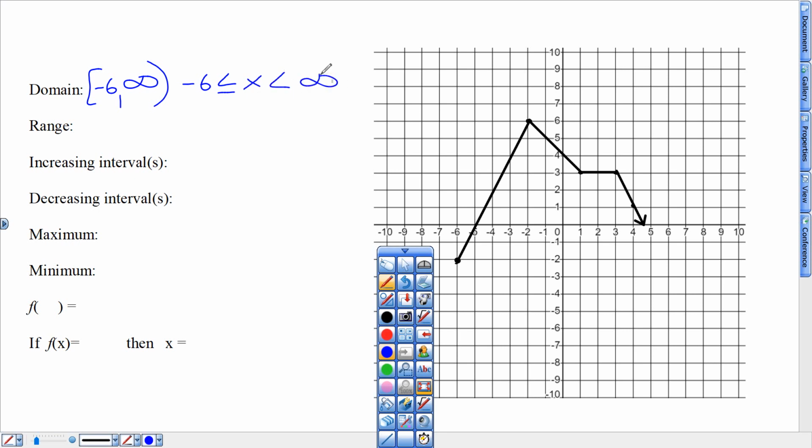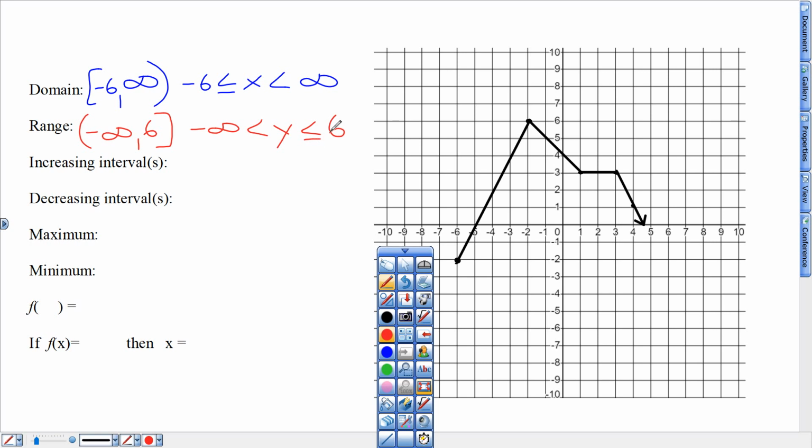Never put the equal line under there for infinity. Range, since that's going down, something measured bottom to top, going down is negative infinity up to 6 square bracket. And then for my range, negative infinity first, less than y, less than or equal to 6.